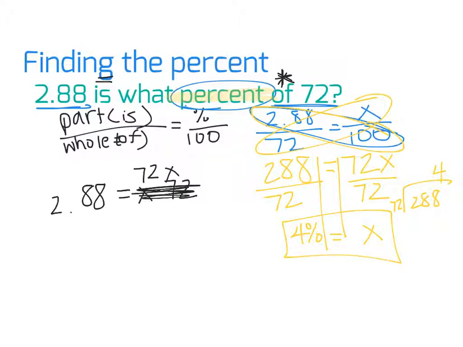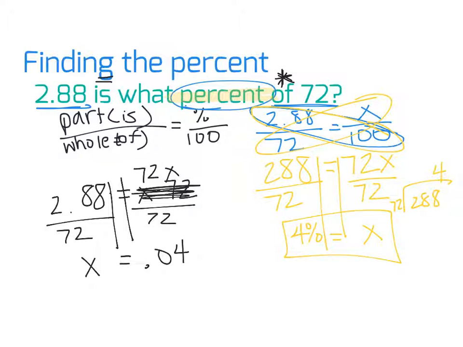But when you divide both of these sides by 72, you're going to get x equals 0.04. So you have to remember to take this and turn it into a percent, because right now it's being given to you as a decimal.